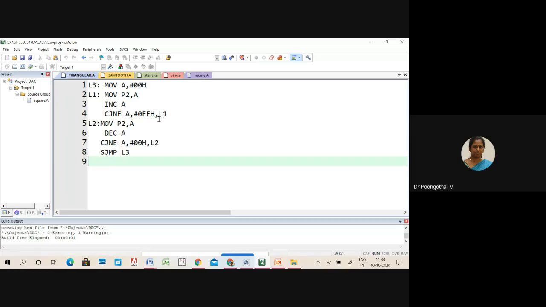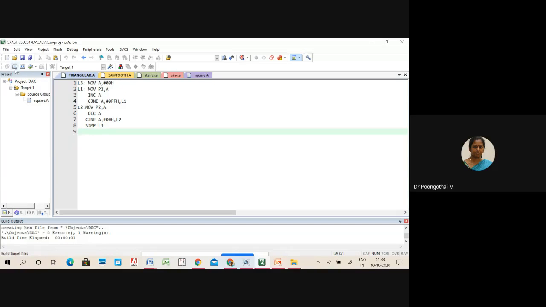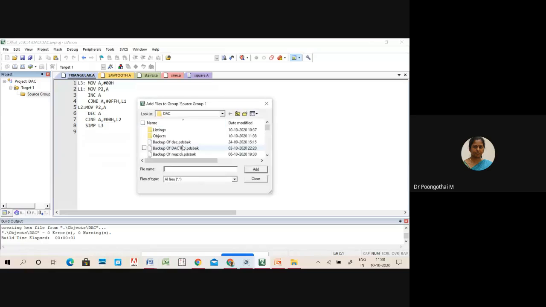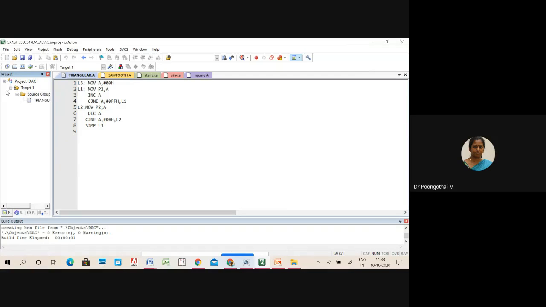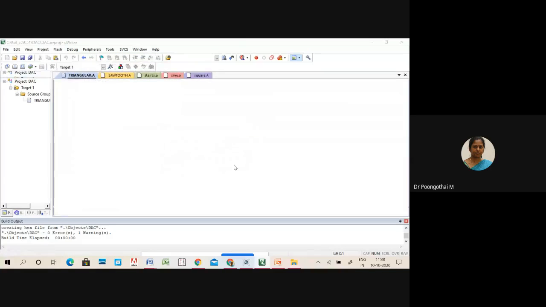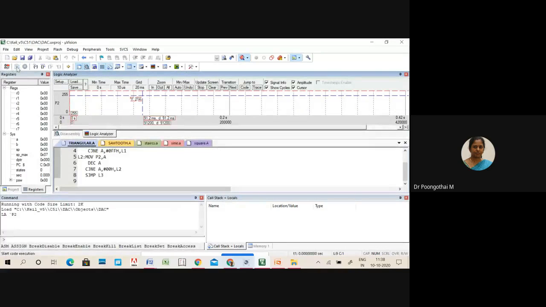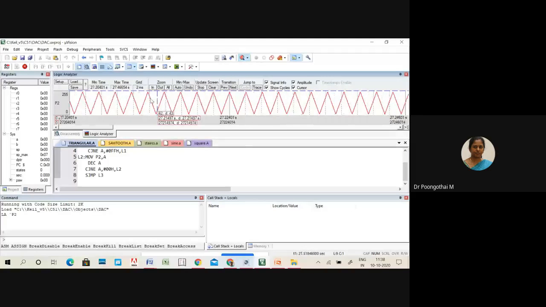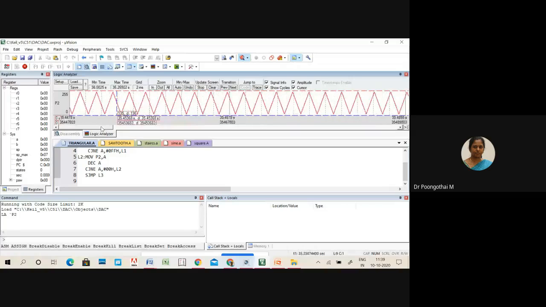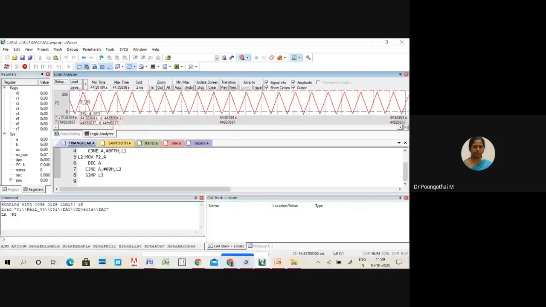So a continuous triangular wave has been generated at P2.